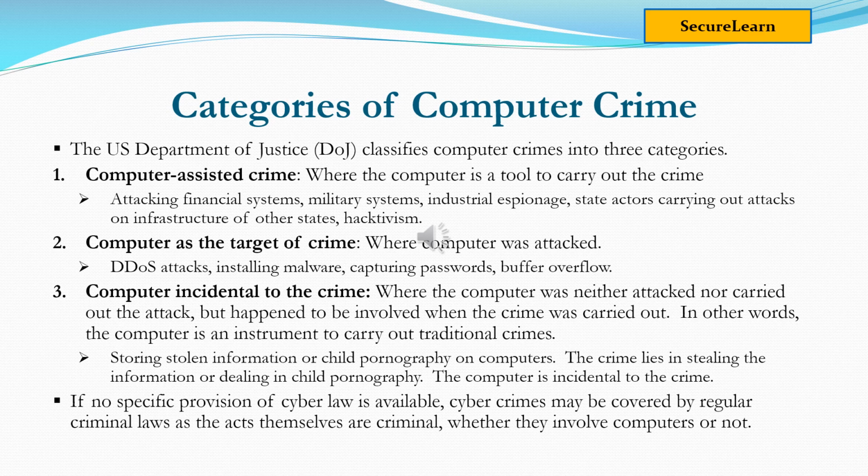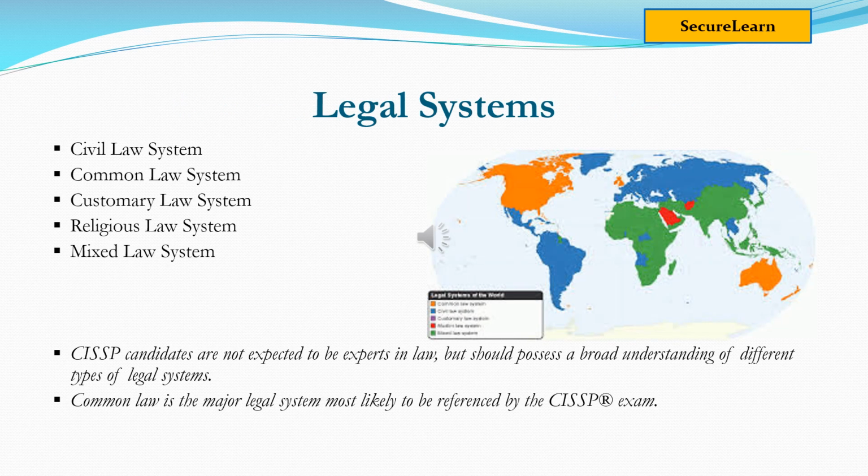The crime lies in stealing the information or dealing in child pornography. The computer is incidental to the crime. If no specific provision of cyber law is available, cyber crimes may be covered by regular crime laws as the acts themselves are criminal whether they involve computers or not.